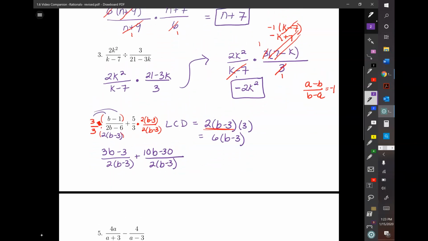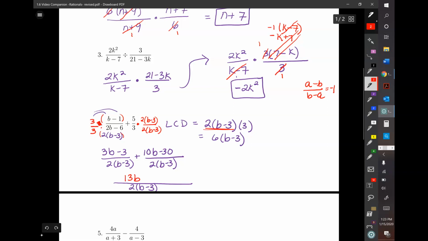The next thing I want to do is keep my denominator that I worked so hard to get, the common denominator, in the bottom. So I'm writing that first under the division bar. But then in the numerator, I want to perform the operation. So I have a 3b plus a 10b, so I have a 13b.